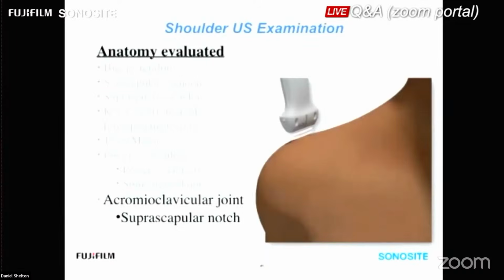Today we'll be looking at the top side of the shoulder, the acromioclavicular joint. And then while we're in that area, we're just going to translate the transducer a little bit anterior, and we're going to aim the beam somewhat towards the coracoid, and we're going to be scanning the suprascapular notch. So just knowing that that could contribute to other pain generators in the area.